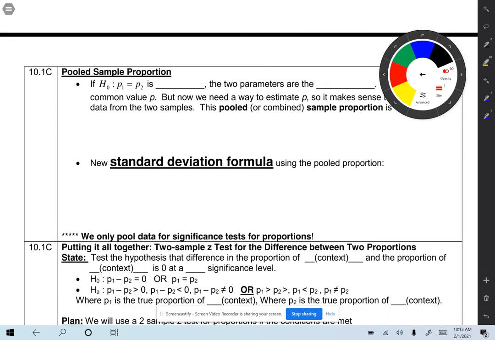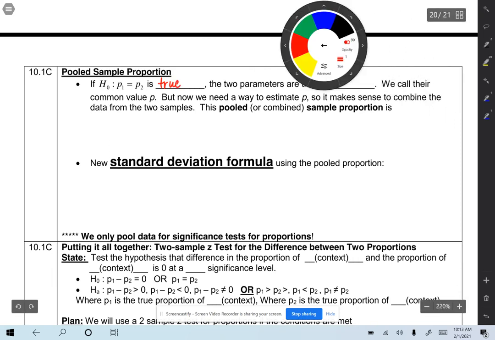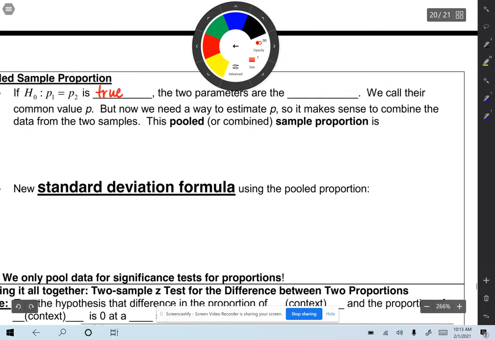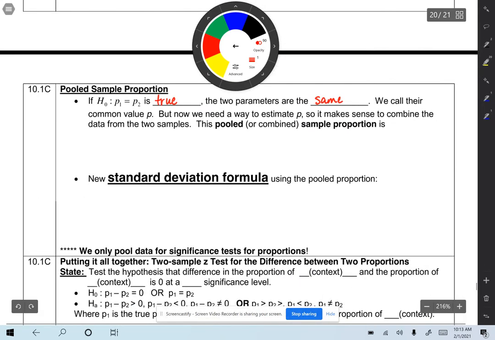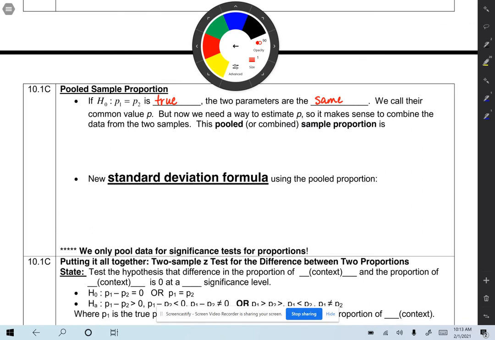Okay, in this section, if the null hypothesis is true, so if P1 equals P2 is true, the two parameters are going to be the same. We call their common value P, but now we need a way to estimate P, so it makes sense to combine the data from the two samples.